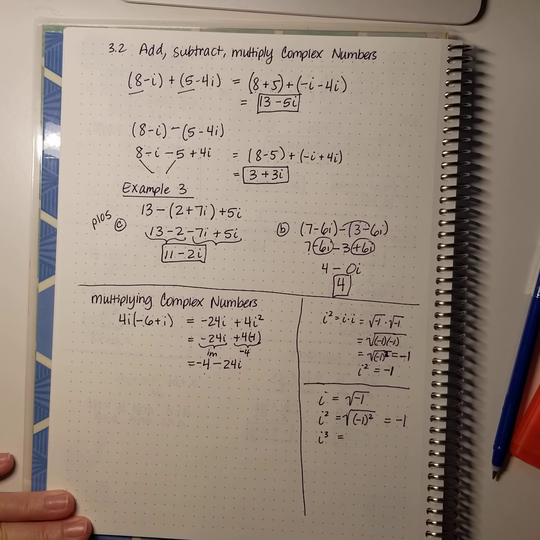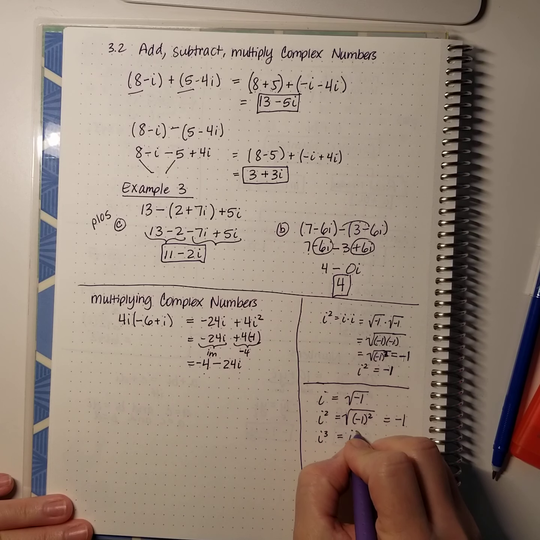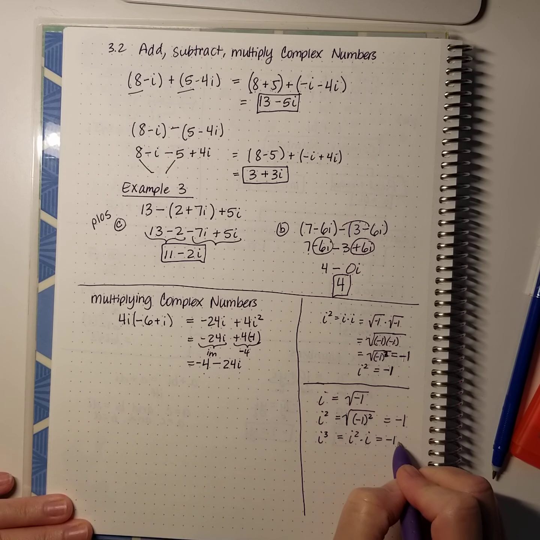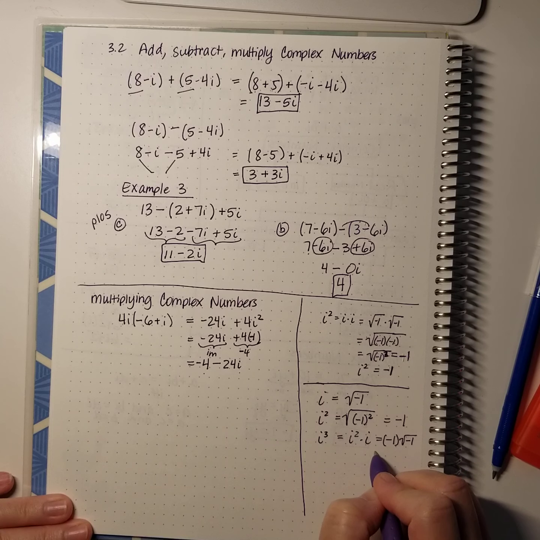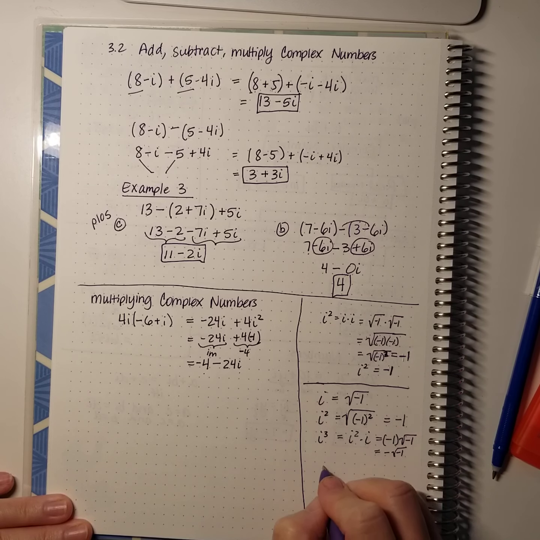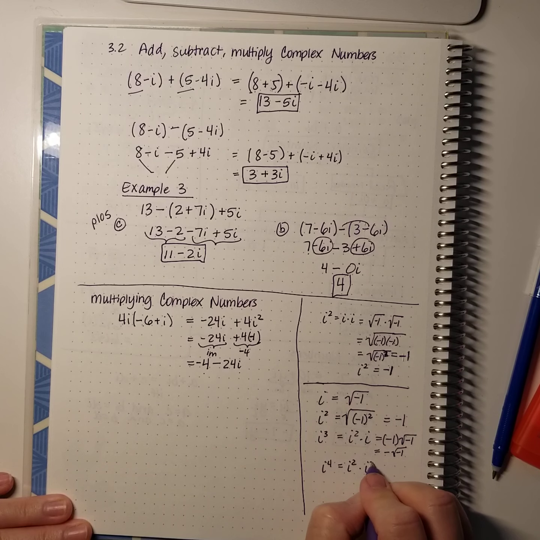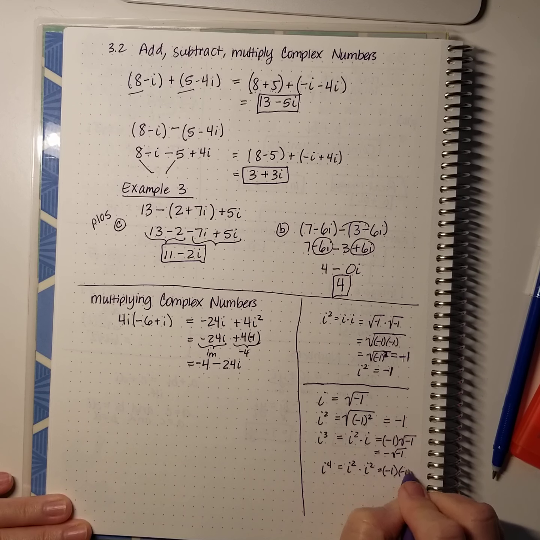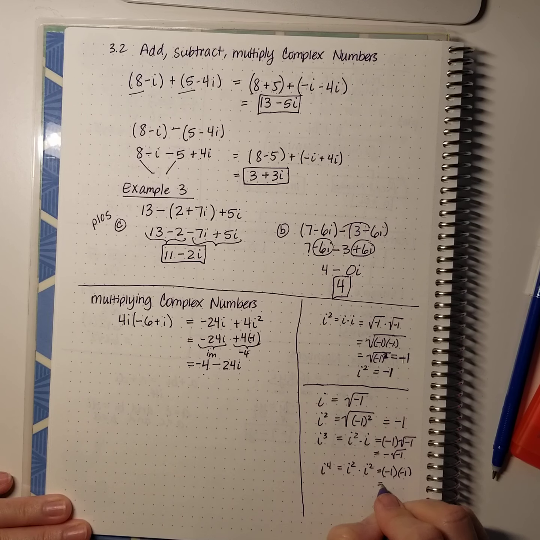I cubed is going to be i squared times i, which is -1 times the square root of -1, which is simply negative square root of -1. And i to the 4th equals i squared times i squared, which is -1 times -1, which is 1.